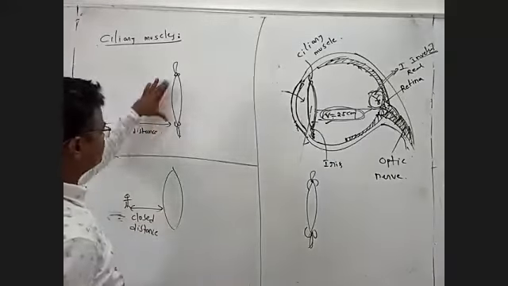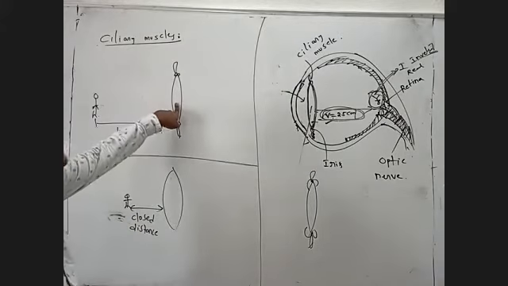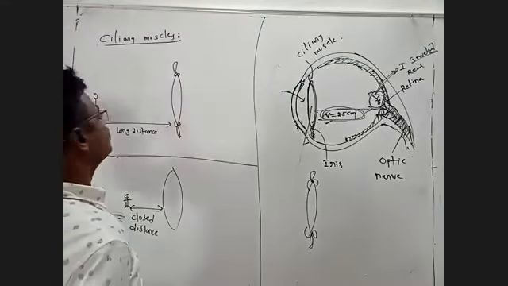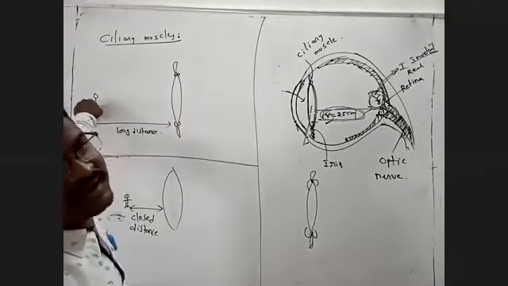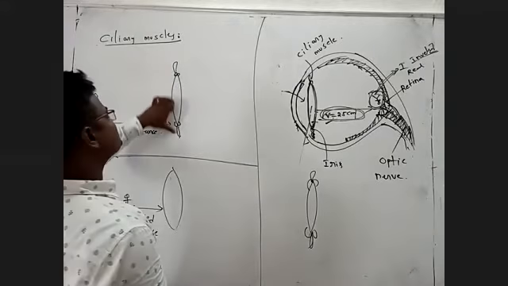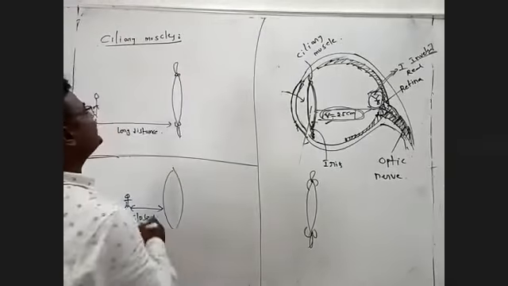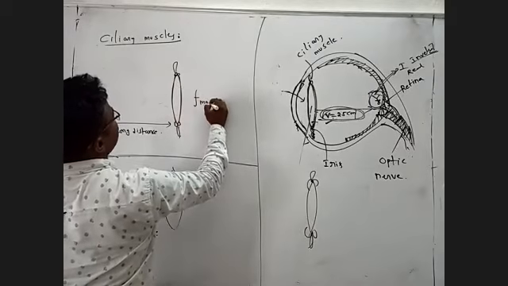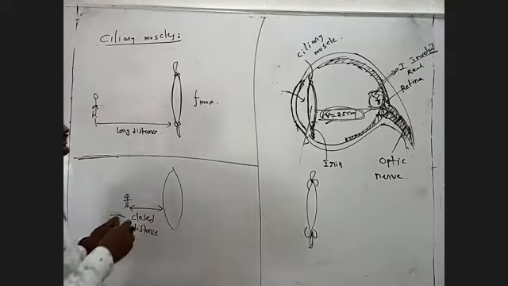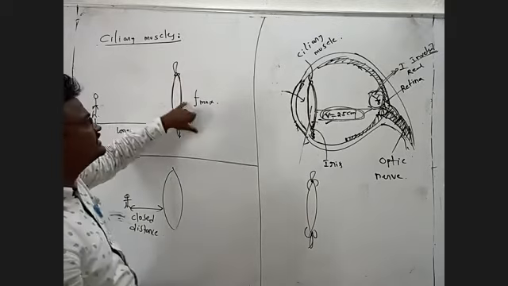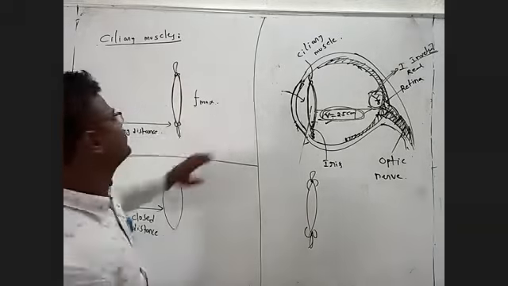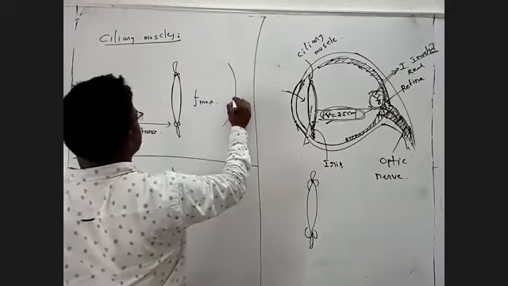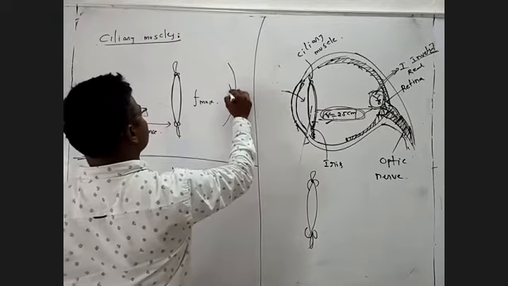When the eye is focused on a large distance, the ciliary muscles are relaxed. Ciliary muscles relaxed means the focal length is maximum. Maximum focal length means the image is formed on the retina.